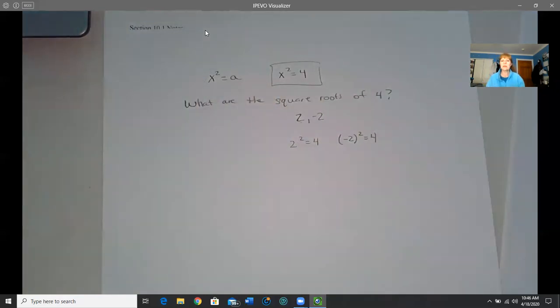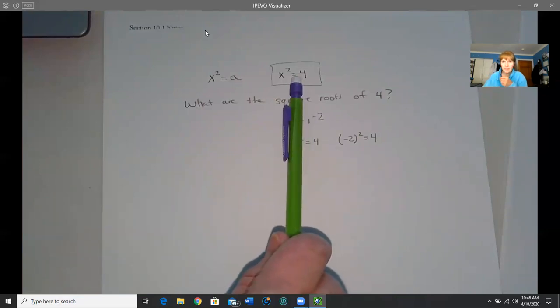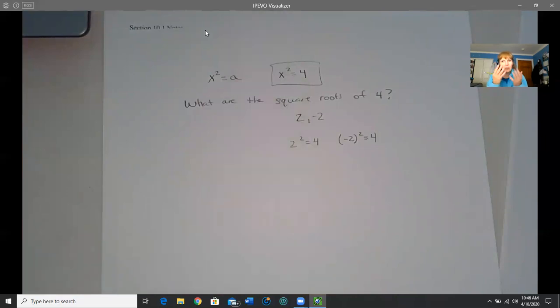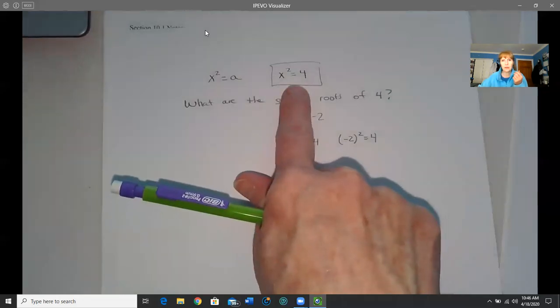Notice the parentheses that I put around that -2, which you would need in a calculator. So the two solutions are 2 and -2. Those are called the square roots because they solve the equation right here. When they ask you to find the square roots of a number, there are actually 2 of them because they're asking you to solve this equation.